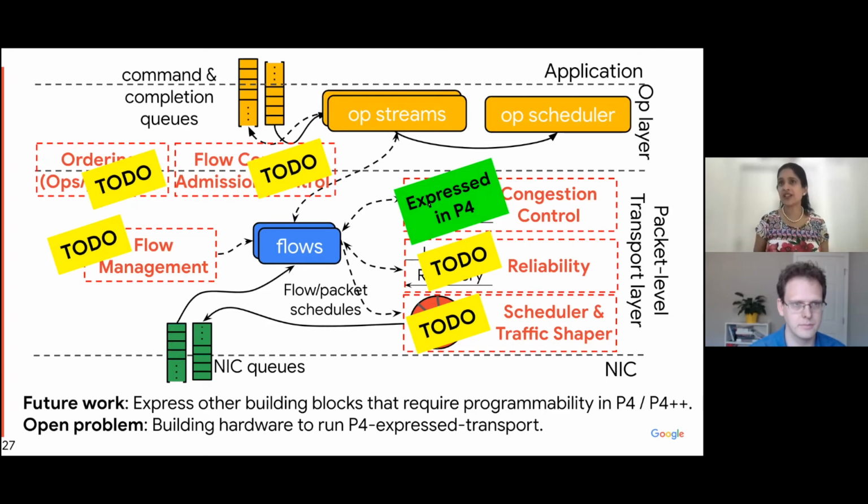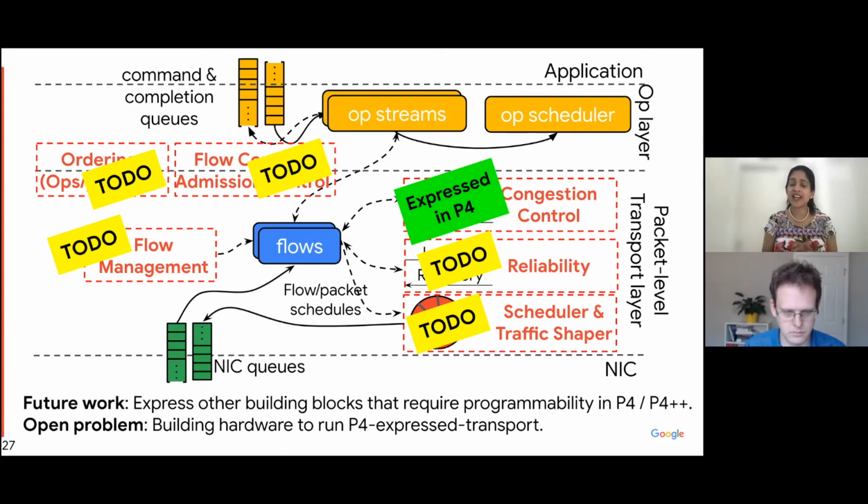Specifically, we've mentioned other blocks such as reliability, scheduler, flow management, admission control, and ordering. One of the things we have ahead of us is figuring out which of these other blocks require programmability, or what aspects of these blocks require programmability versus those that can be baked into hardware.